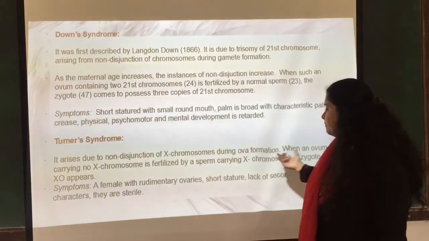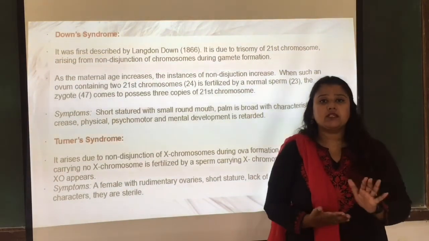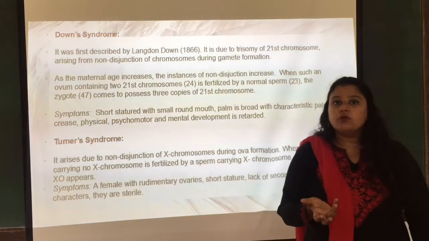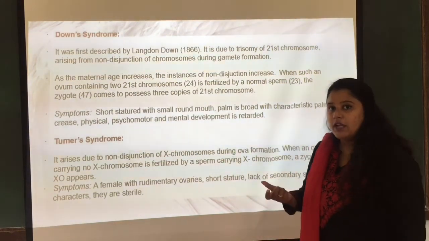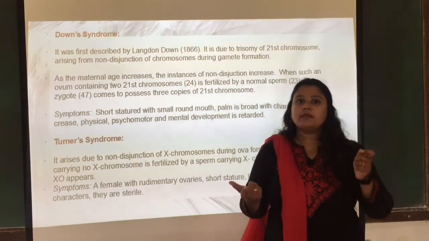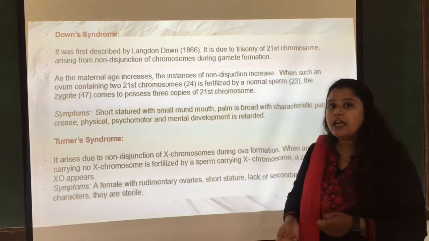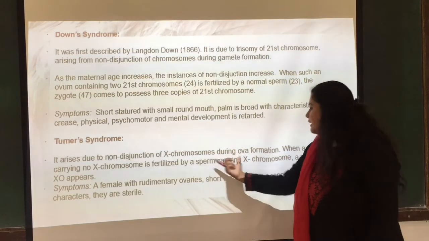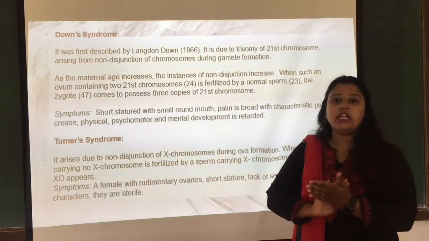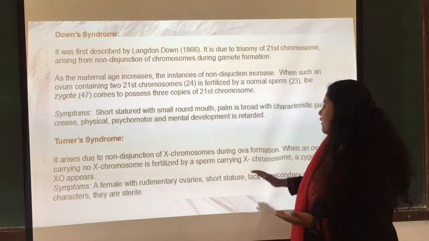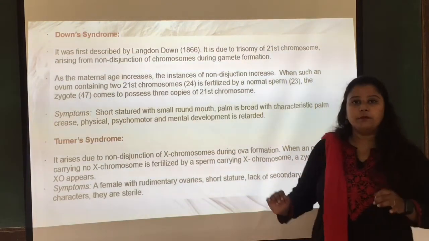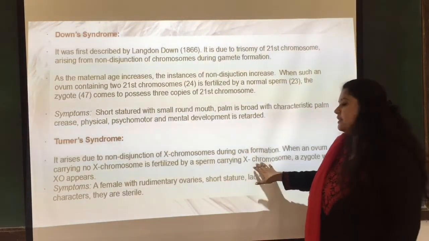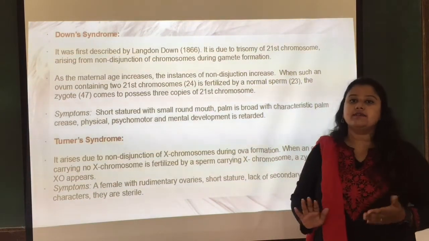Now the female is not having any X chromosome in that particular ovum. That means the sex chromosome is absent in the ovum. Now when that ovum is fertilized with the male sperm, what happens? The male is containing what? X chromosome, right? The sperm is containing X chromosome, but the female is containing no X chromosome, right? For this reason, the zygote which is formed will be appearing as XO, because only X from male is present, from female no X is there.